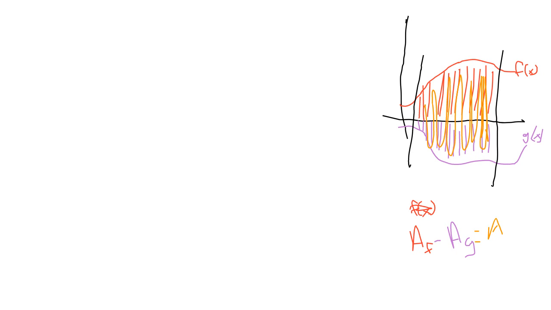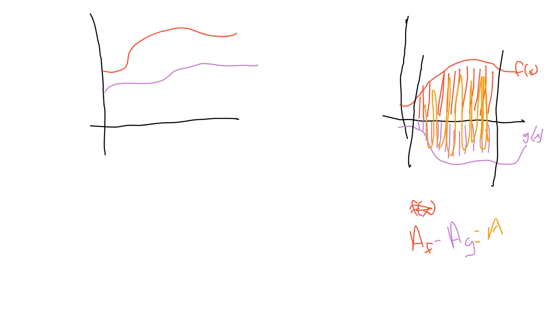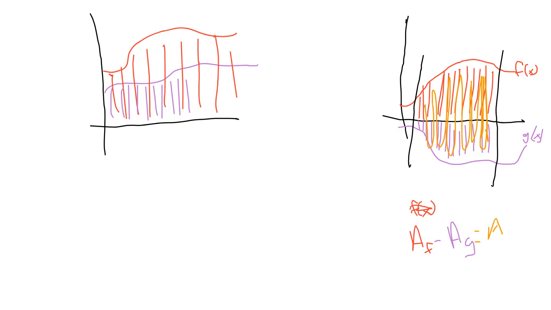Now let's say that we have two functions like this. We still have an f and a g, and f looks something like this, and g looks something like this. Once again, if we take the area under f, we're going to get a nice little area right here. If we take the area under g, we're still within that same little range.